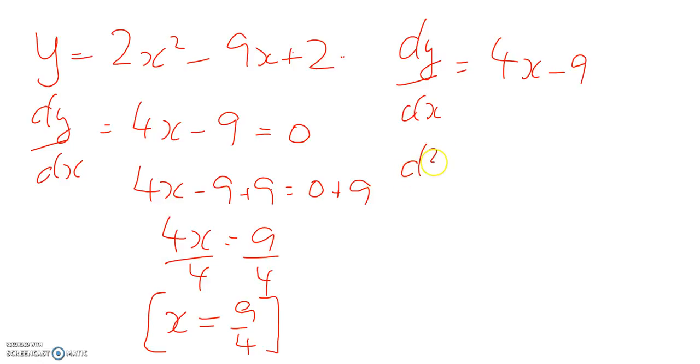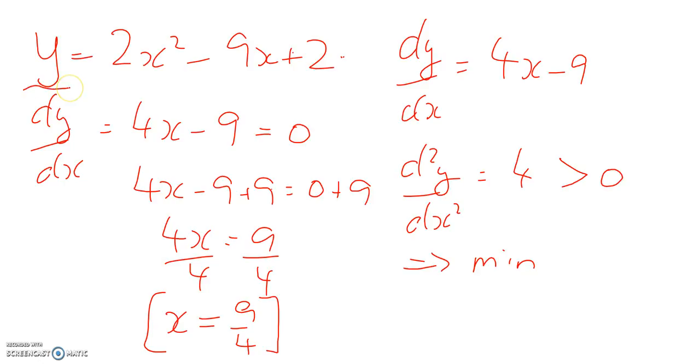Let's differentiate that, and we call that d2y by dx squared. And that's just going to equal 4. And 4 is greater than 0, so this implies we've got a minimum. So x equals 9 on 4 gives a minimum value of y.